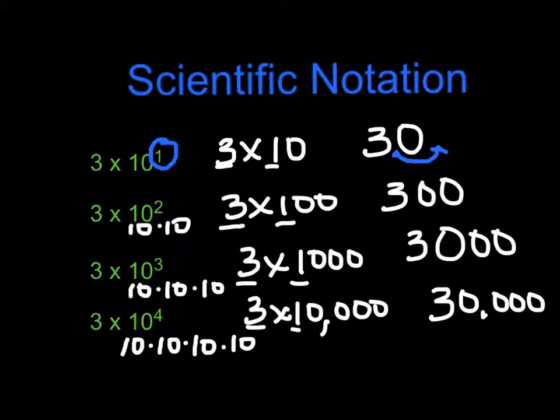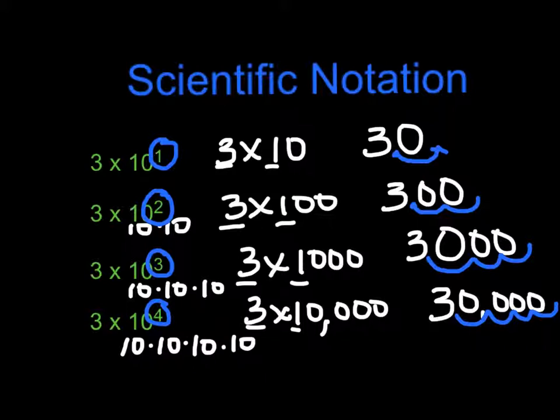On 3 times 10 squared, we already did the work, but your decimal on the number 3 would be right here. And to get to 300, you would move it 2 times to the right, which matches the exponent right there. This one, you're moving it 3 times, which is your exponent. And this one, you're moving it 4 times, which is also your exponent there.